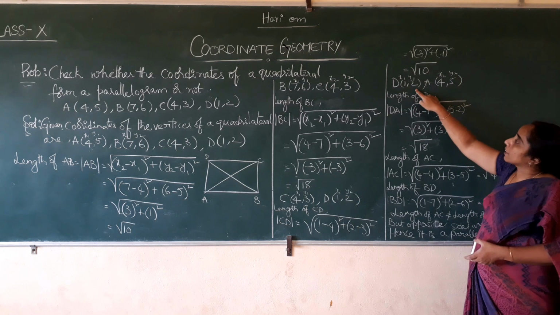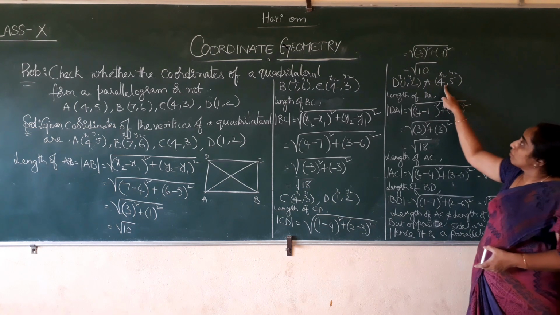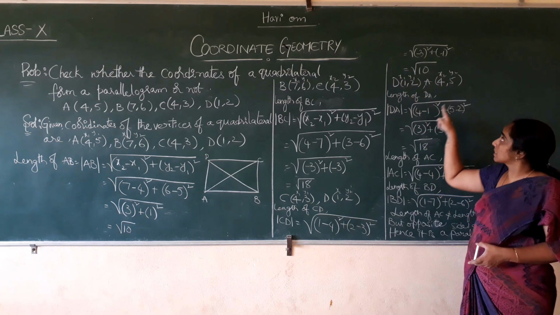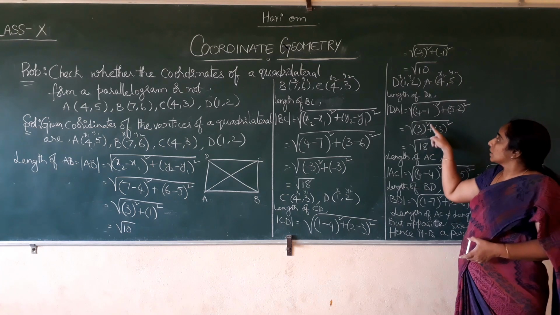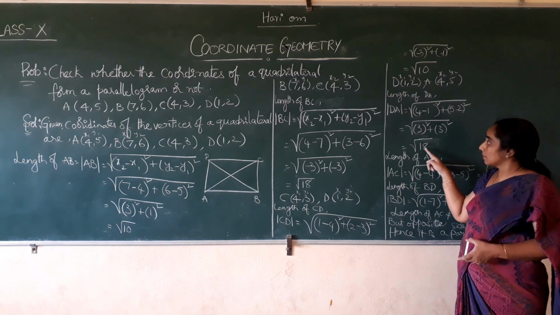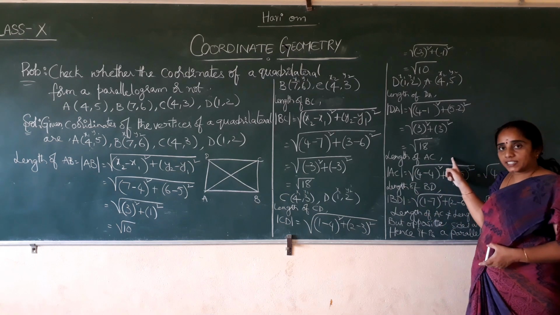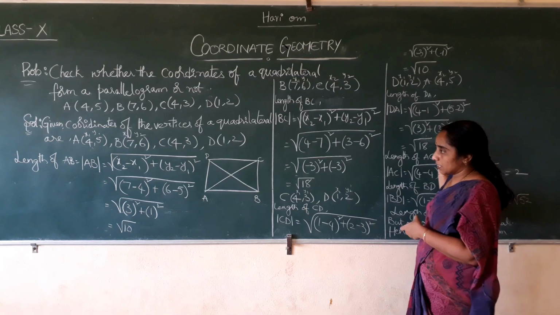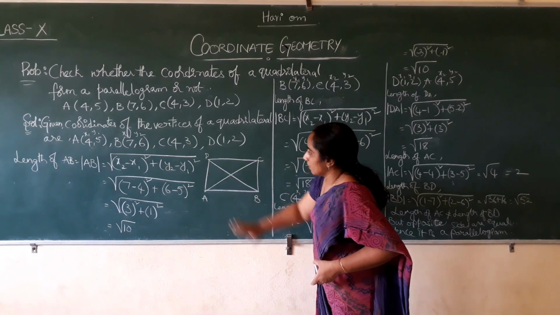D is (1, 2), A is (4, 5). Using x2 minus x1 whole square plus y2 minus y1 whole square: 3 square plus 3 square, it is 18. Length of AC is... so now up to this we have AB, BC, CD, DA.